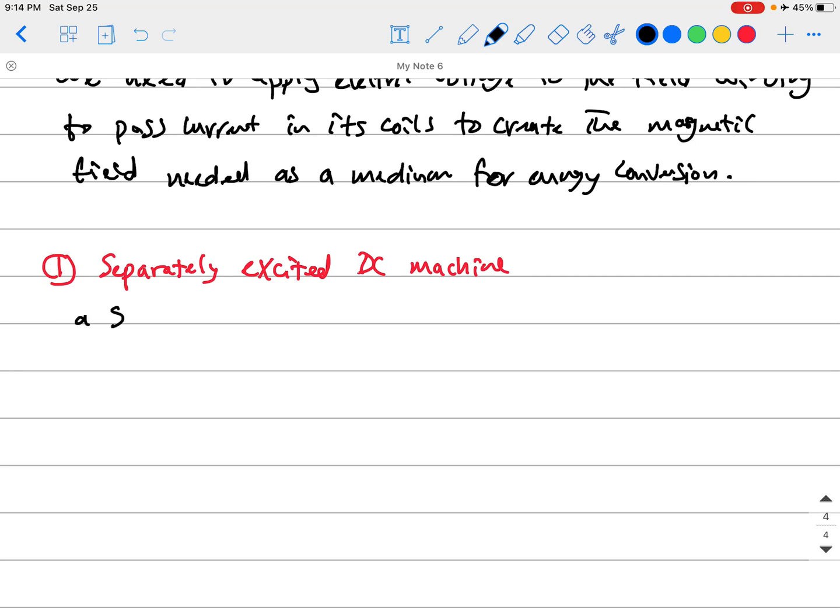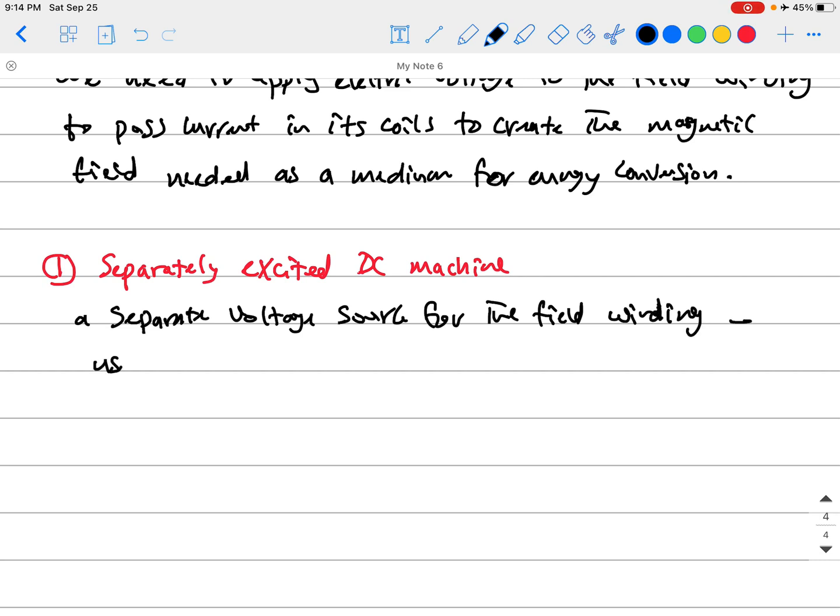That means we use a separate voltage source for the field winding, and you use another source for the armature in case of a motor mode.